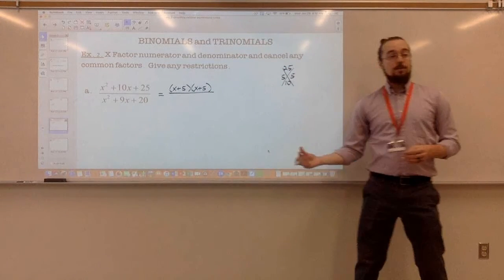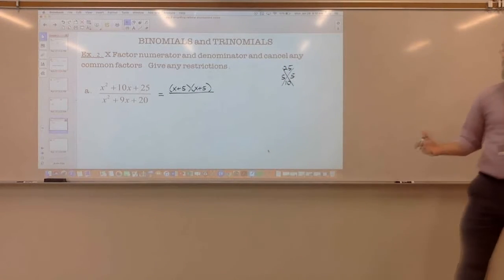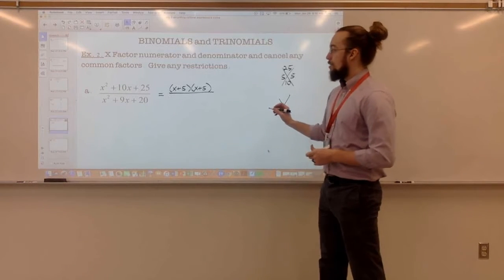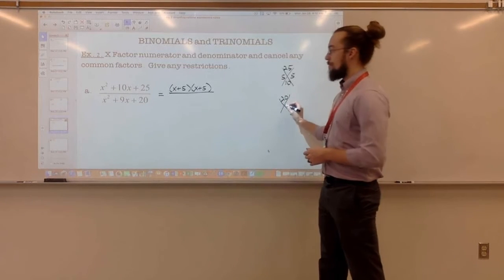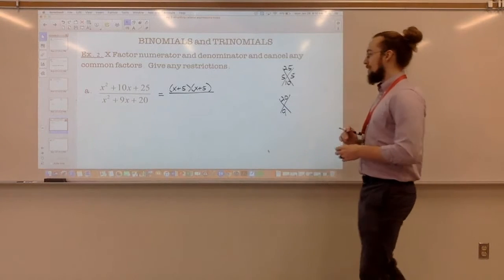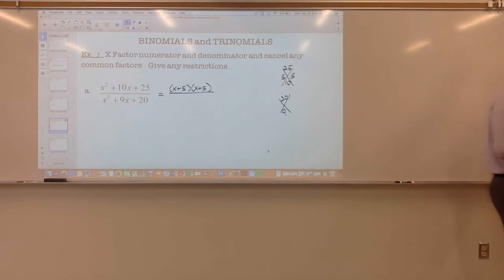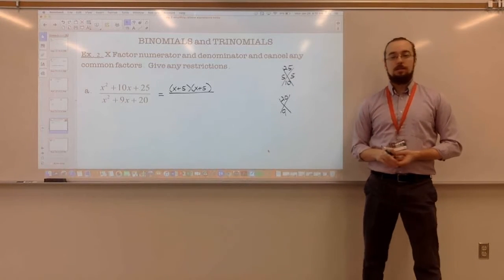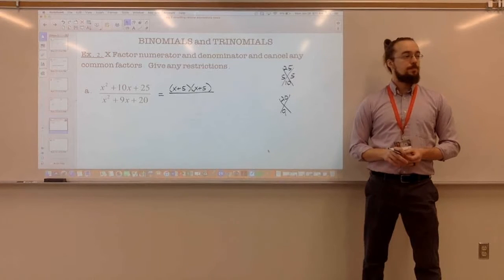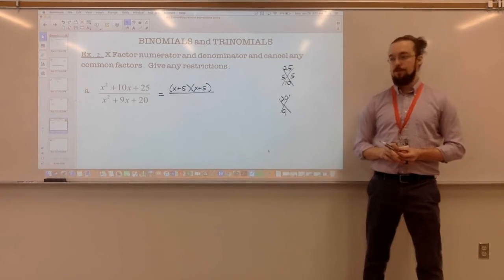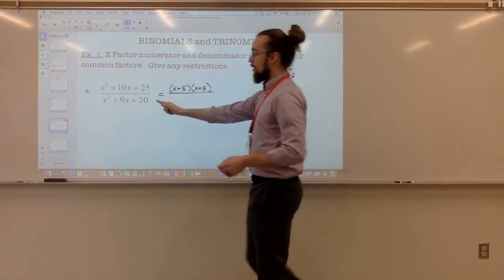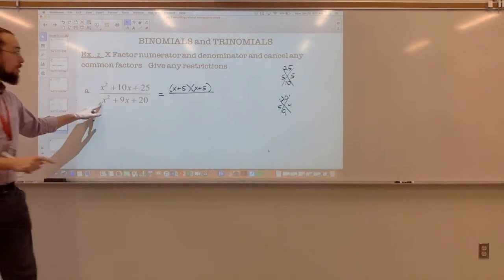Now I also want to factor the denominator. Right? So over here to my x factoring. So I've got 1 times 20 and 9. So I want two numbers that multiply to 20 that add to 9. What would we get? 5 and 4. Right? So again, my leading coefficient was just 1 here.